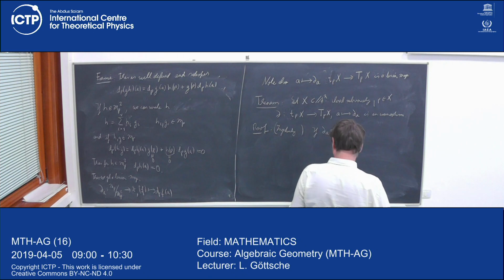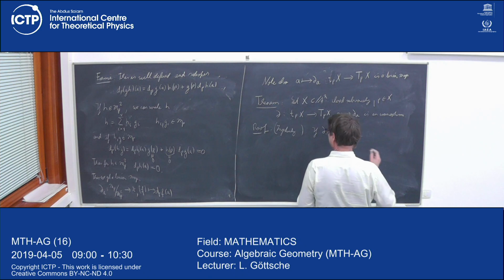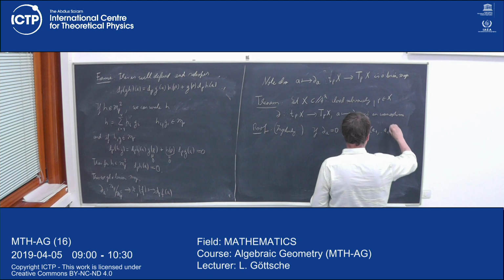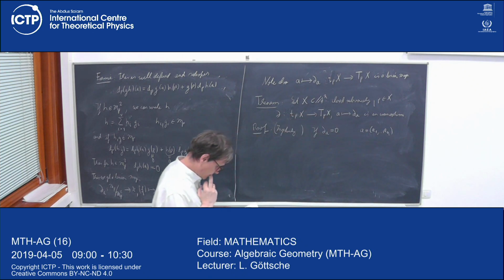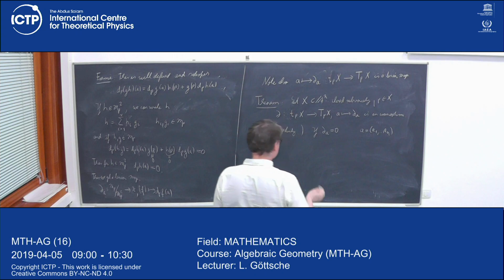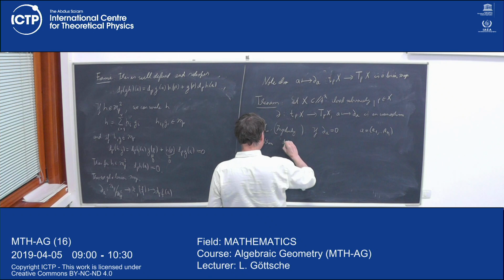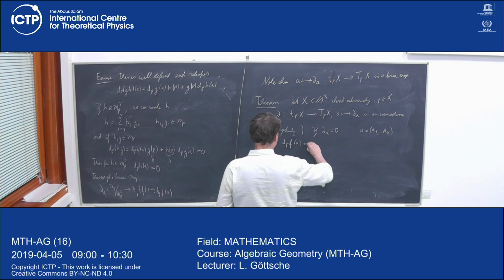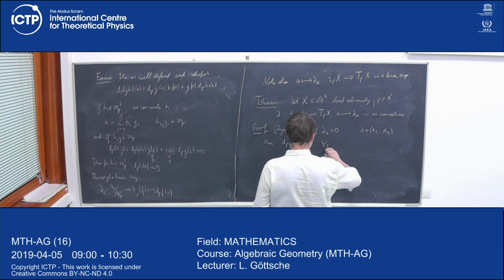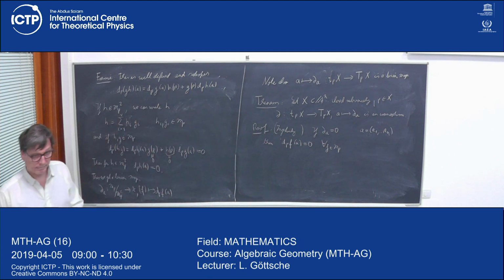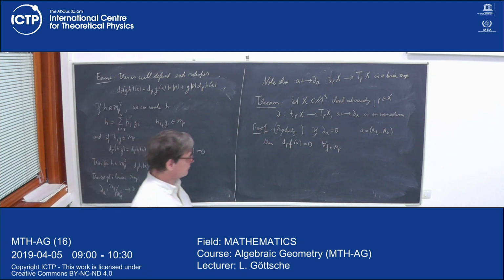So I write A equals A_1 to A_n, with the components of the vector. If d A is equal to 0, then d_P f of A is equal to 0 for all f in the maximal ideal at P. This is what it means to be 0, that it gives you the 0 map.